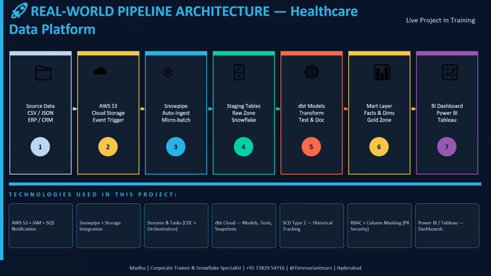Here you can see we have CSV files coming from the source data, from a US healthcare ERP system. Patient records, diagnosis codes, insurance claims, real data, sensitive data. Millions of rows every day.